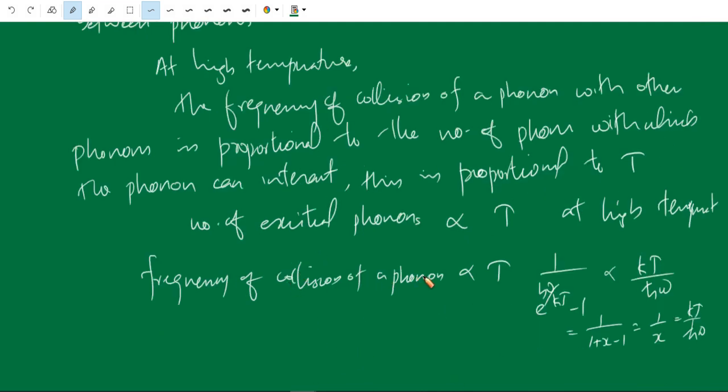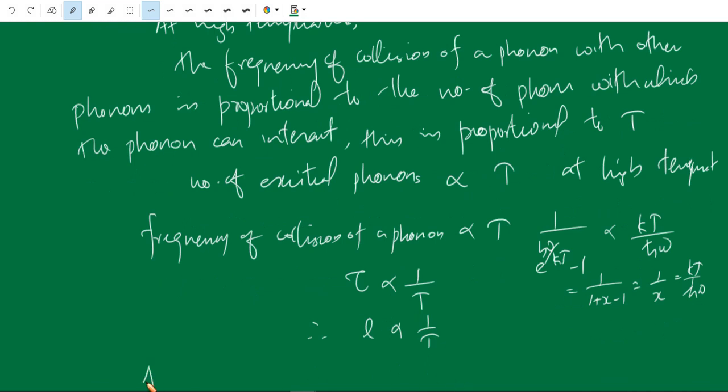So when frequency is directly proportional to T, mean time for a collision tau is directly proportional to 1 by T. You know the mean free path is V into tau, and within the medium phonon velocity is constant, therefore the mean free path is directly proportional to 1 by T at a high temperature.